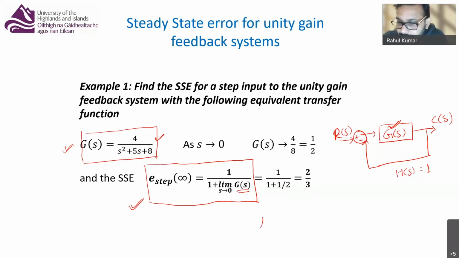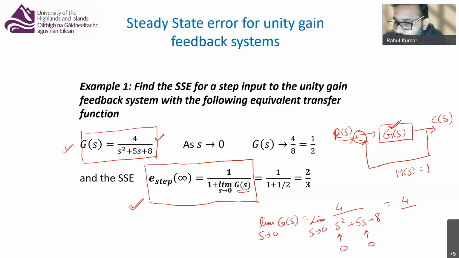If you calculate this limit s tending to 0 of G of s separately, so I have 4 divided by s square plus 5s plus 8, and if I apply the limit s tending to 0, essentially what I do is I replace the values of s with 0. What I will get is 4 divided by 8, because this part will become 0, this part will become 0.